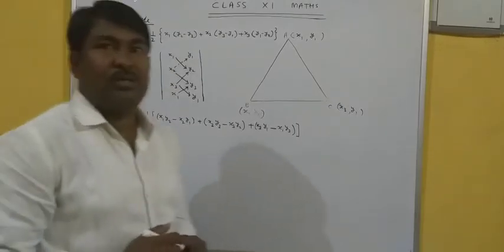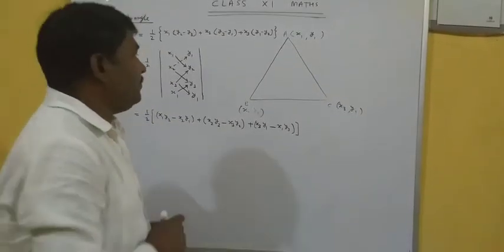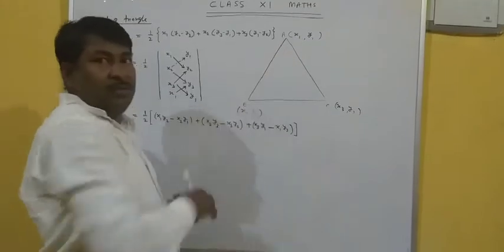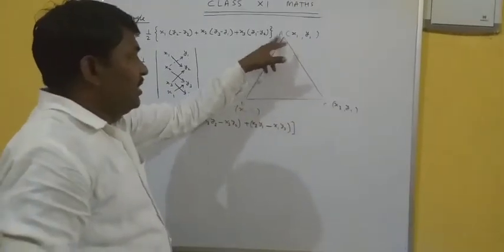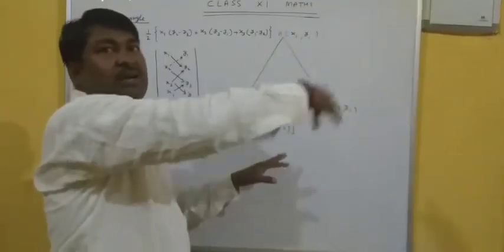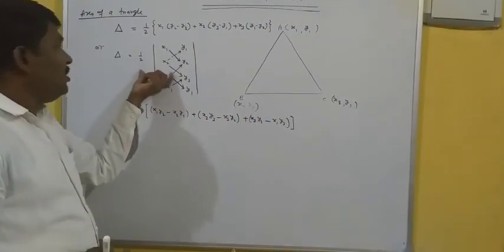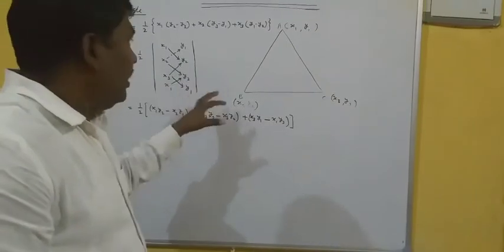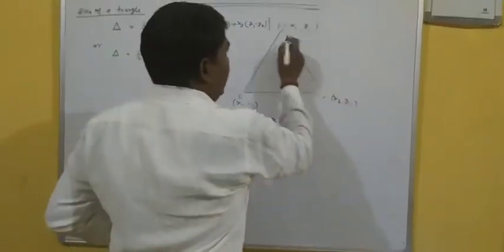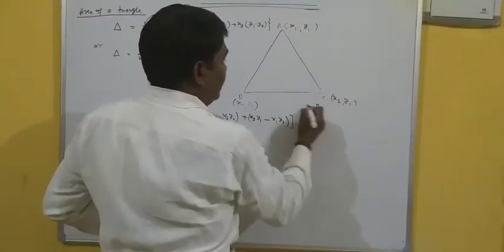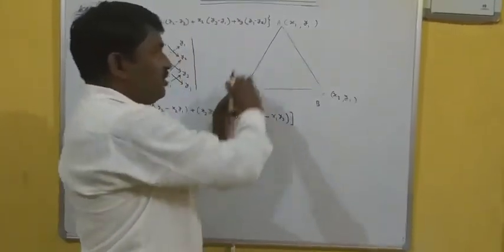Here one point is to be noted down: if you are taking vertices as A, B, C in anti-clockwise direction, then definitely you will get the value of this total as positive. And if you take it in clockwise, A, B, C coordinates will be accordingly.